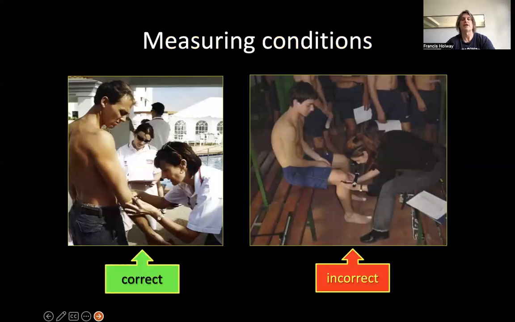Now look at these two measuring conditions. This is ideal. Here we are measuring the US rowing team in Australia for the 2000 Olympics, and we're measuring them in broad daylight. It doesn't have to be outdoors, but we need a lot of light.